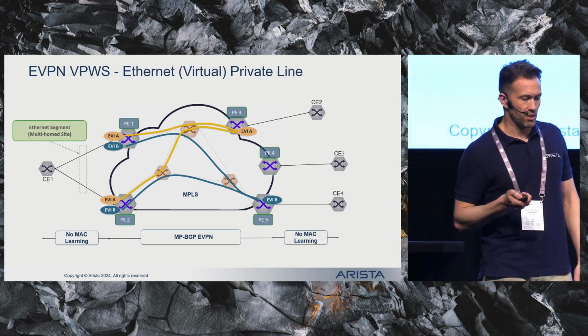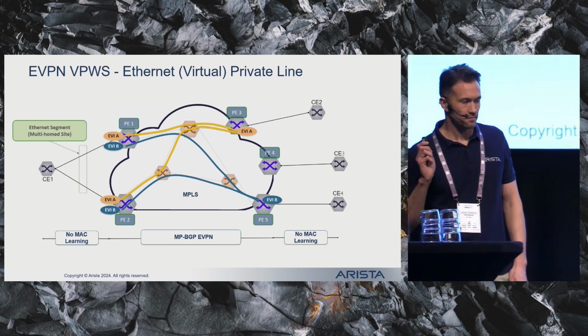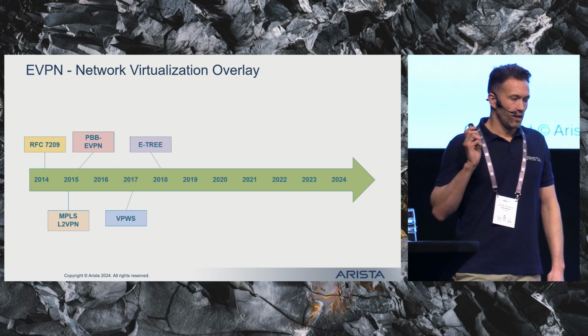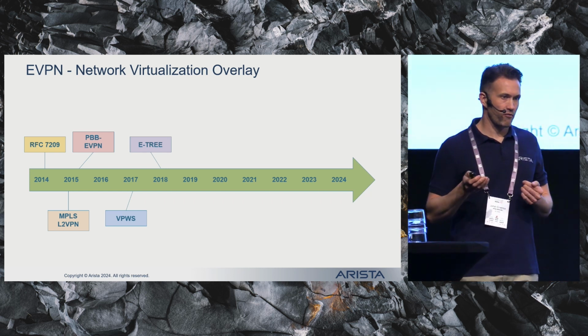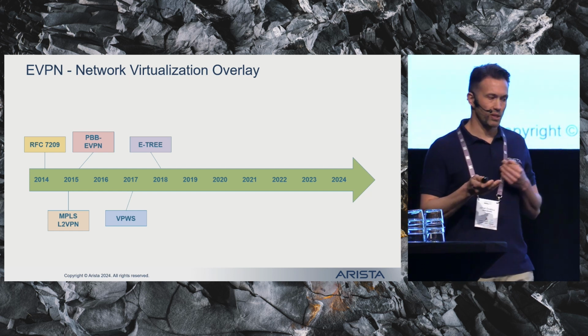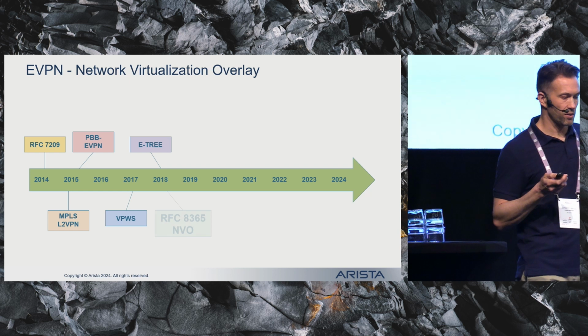That part is still a draft though, even if, again, multiple vendors already support that. In 2018, there was an RFC describing how the MEF E-tree service could be combined with EVPN. But again, not going into any details of that one.